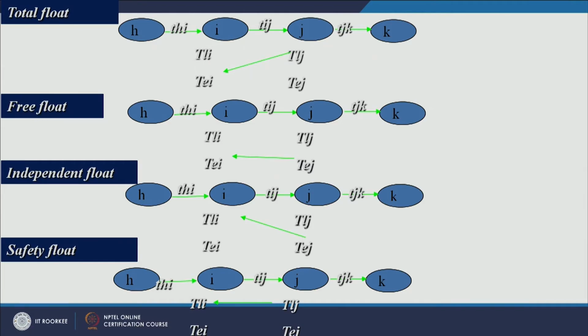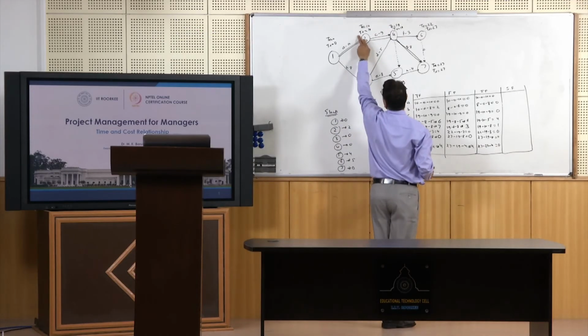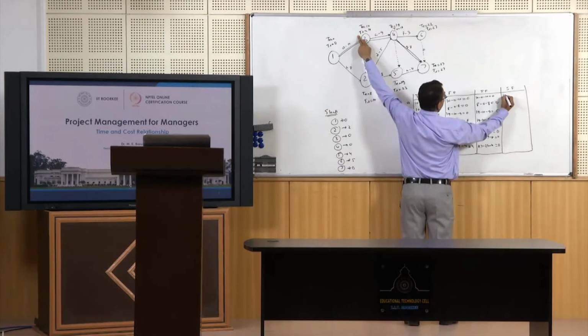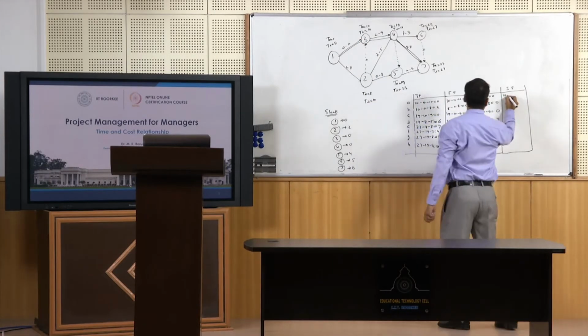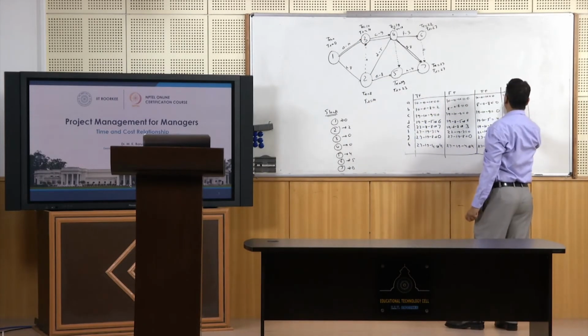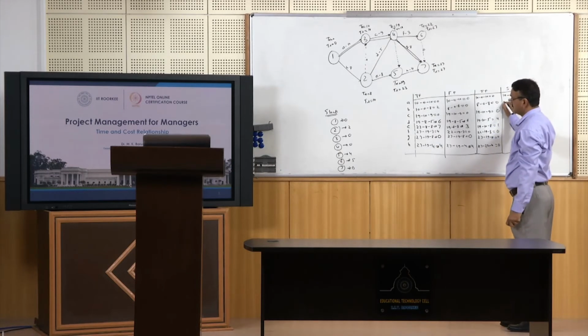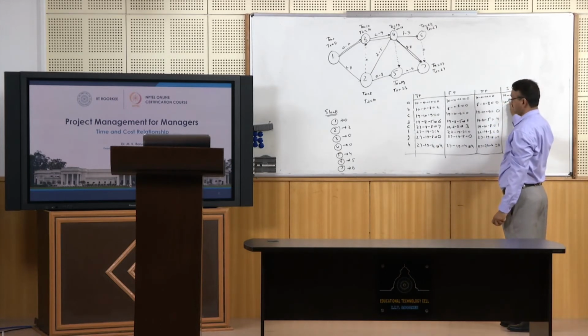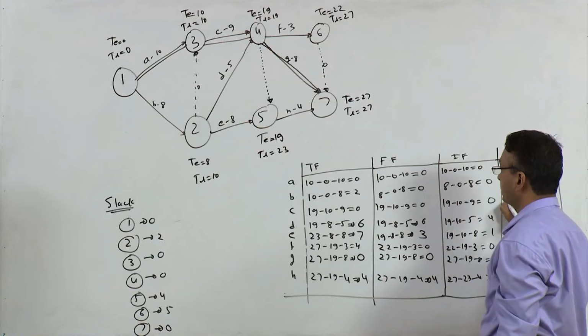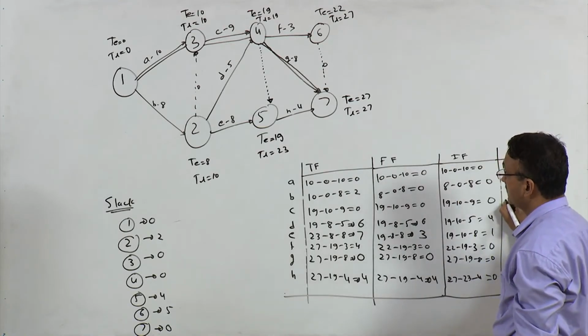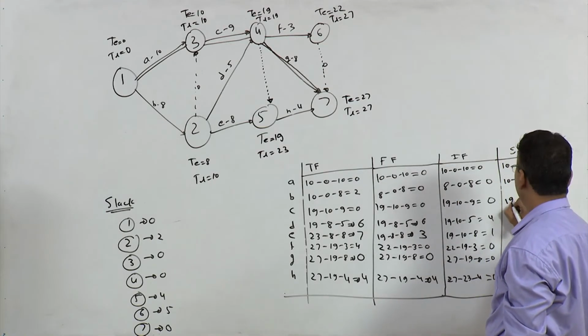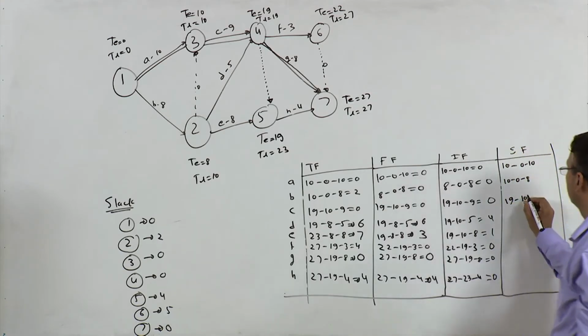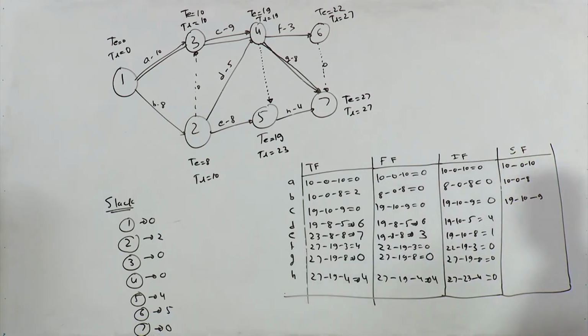For activity A, 10 minus 0 minus 10. For activity B, 10 minus 0 minus 8. For activity C, 19 minus 10 minus 9, right?